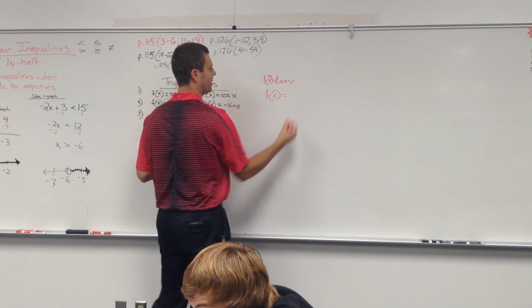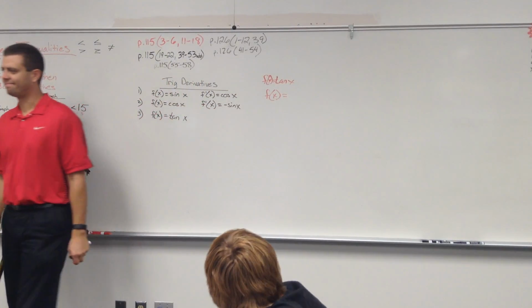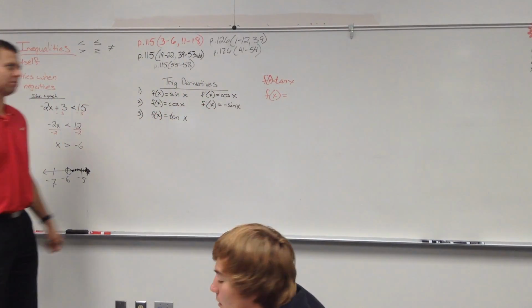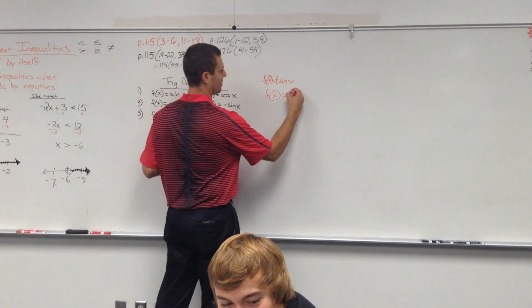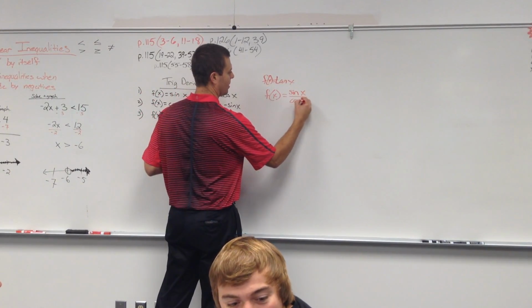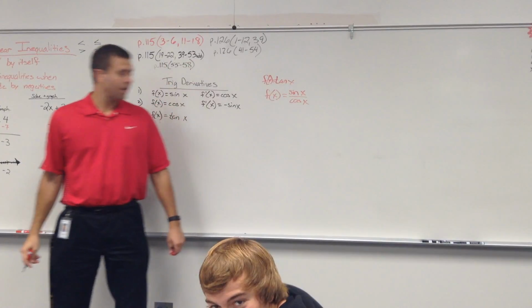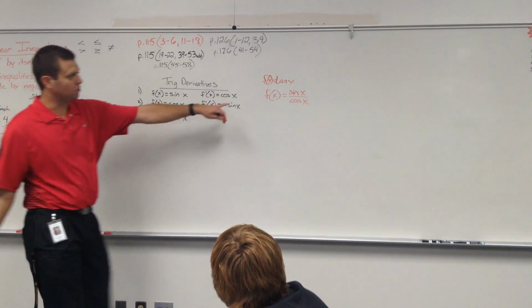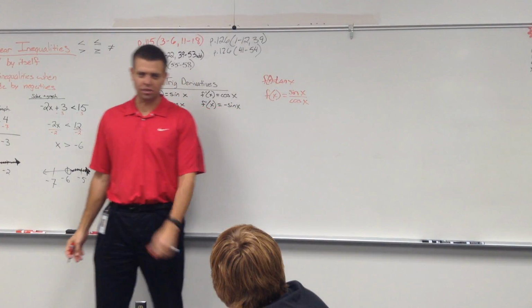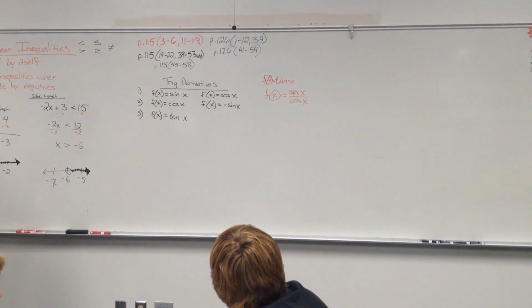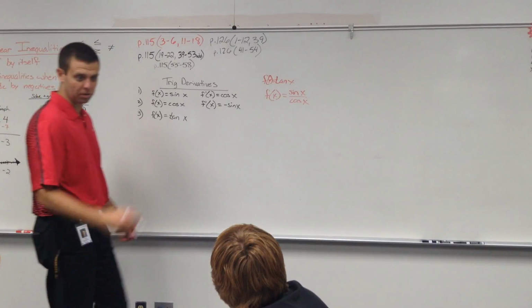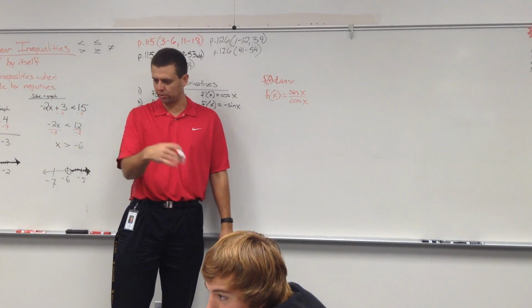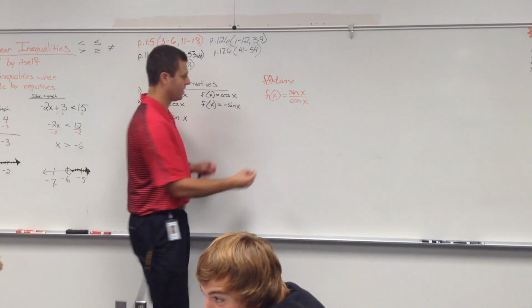How can you rewrite tangent? Sine over cosine. Yep. And now, if I asked you to do the derivative of sine over cosine, what rule would you use? Division. Quotient rule. Low d high minus high d low over the square of what's below. Okay?